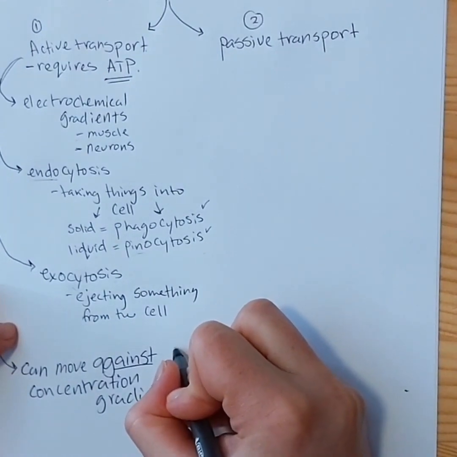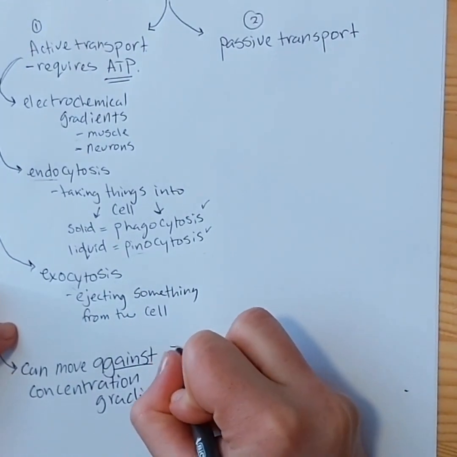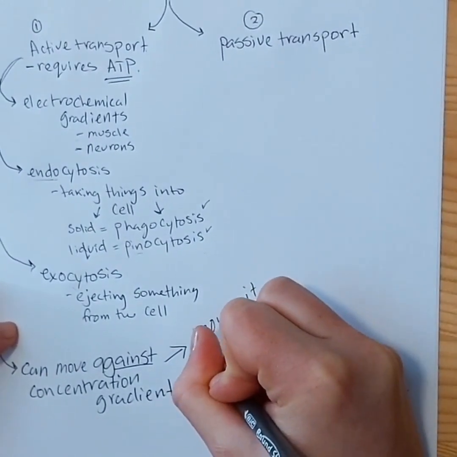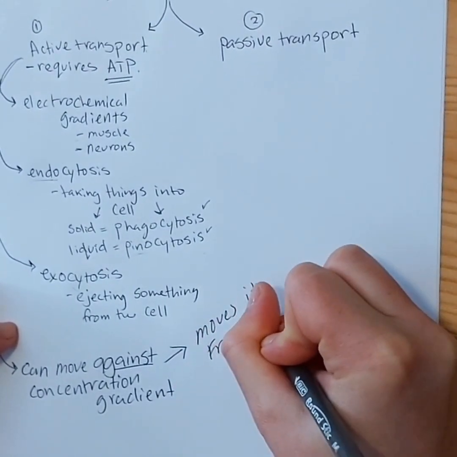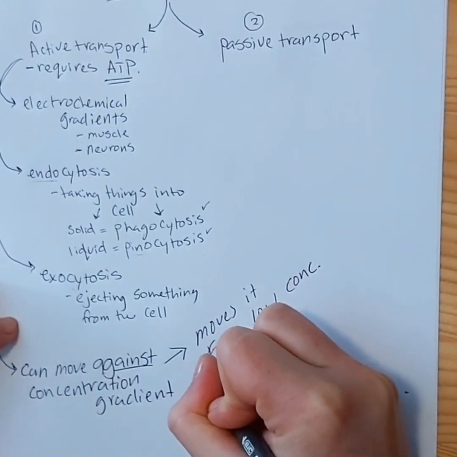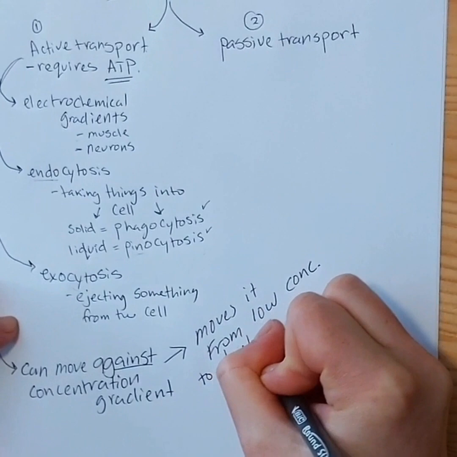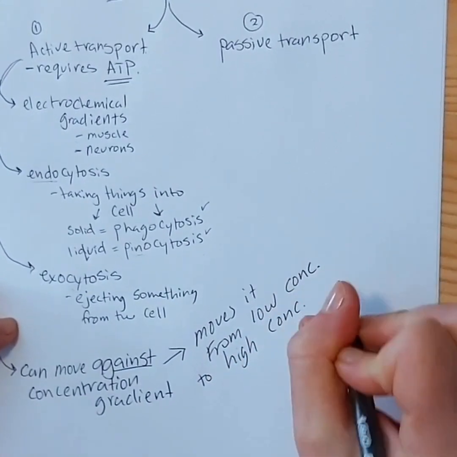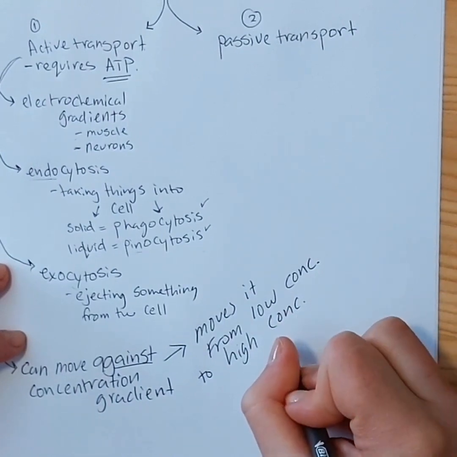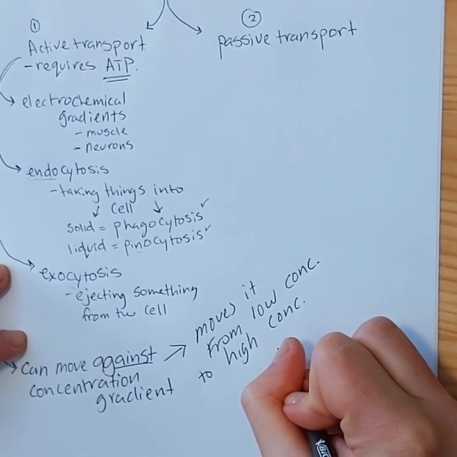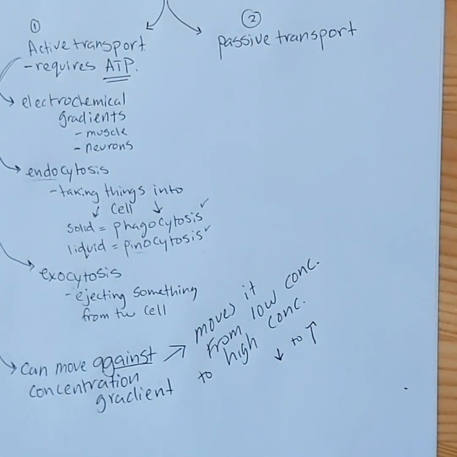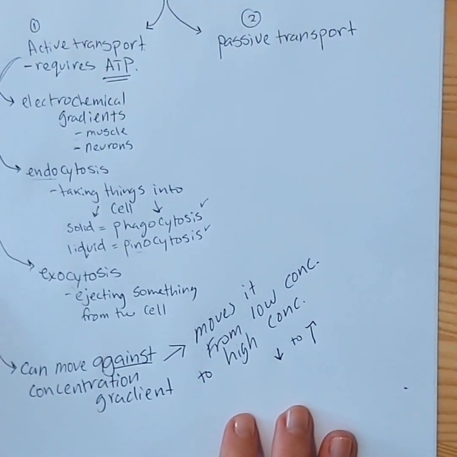This is going to move something from low to high. So it's going against its concentration because it's going from where there's a low to where there's a high. It's making it more crowded in a sense.